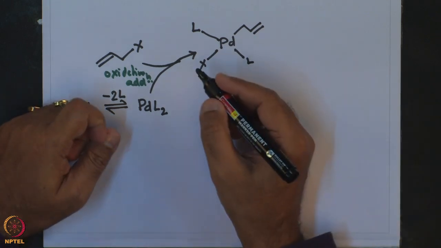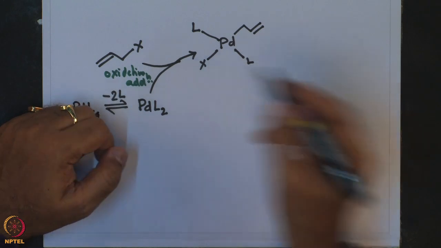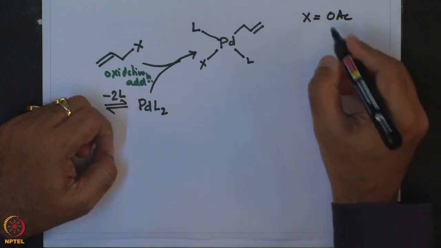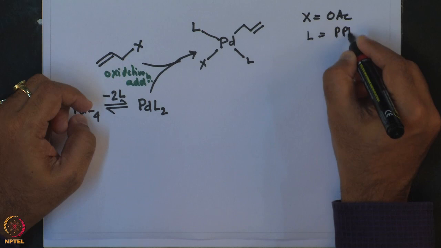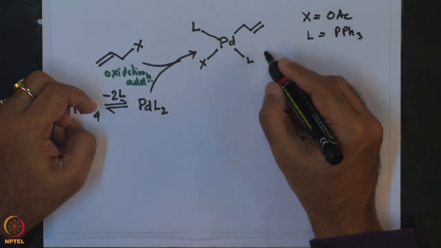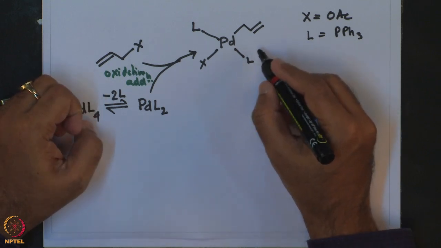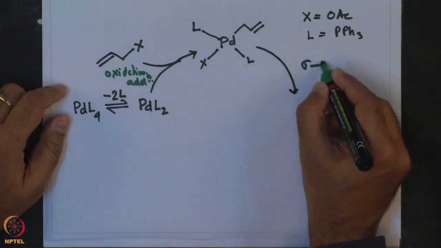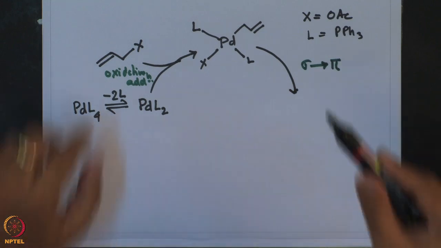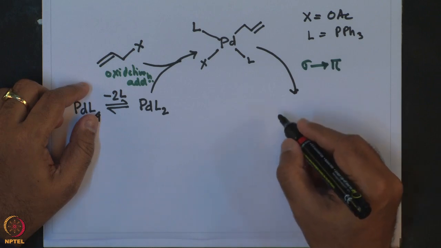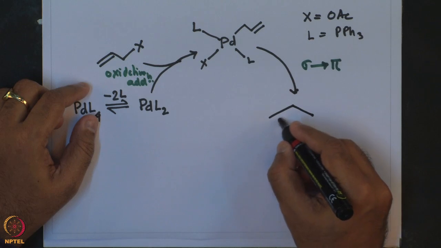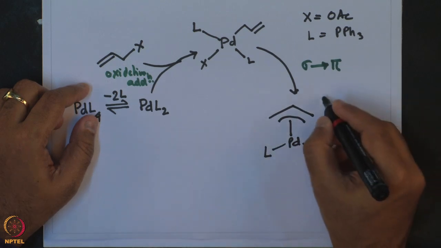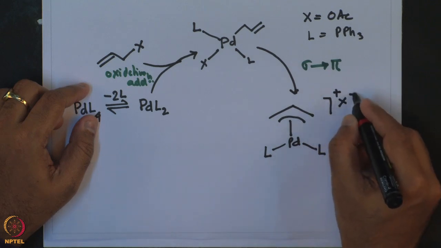Now, this oxidatively added product, where X is OAc acetate and L is PPh3, then undergoes a sigma pi type rearrangement of the type shown over here to give Pd allyl Pd L L plus X minus.